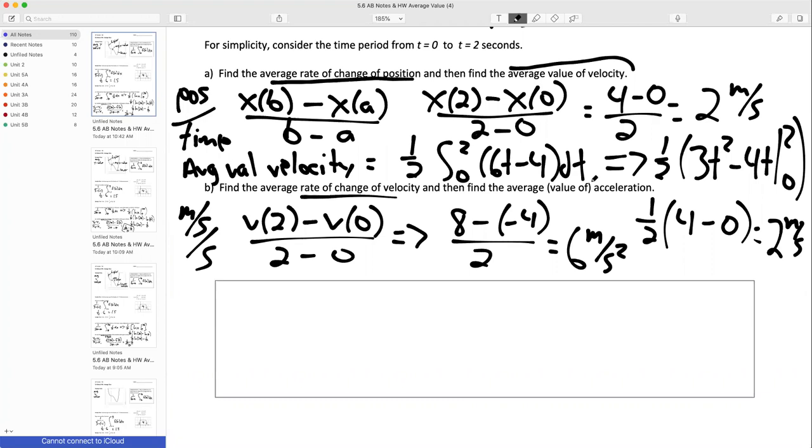So again, if you see average rate of change, that is slope. Average acceleration is going to be 1 over 2 minus 0 times the integral from 0 to 2. And this time my acceleration function is 6 dt with respect to time.